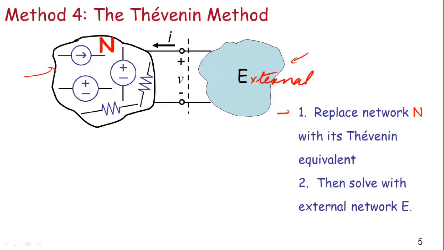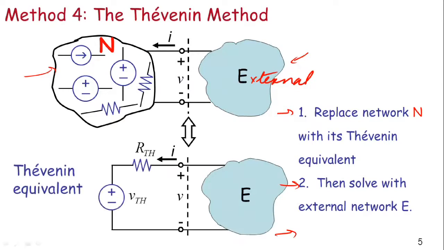As a first step, I would replace the network N with this Thevenin equivalent. And then as my second step, I would solve with the external network E. In other words, I would replace the network N with its Thevenin equivalent as my first step, and then I would go ahead and solve with the external network E in my second step.